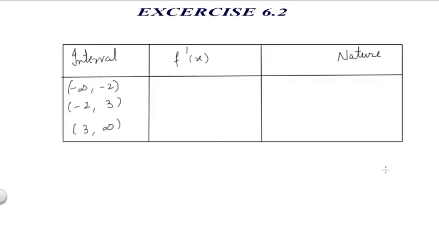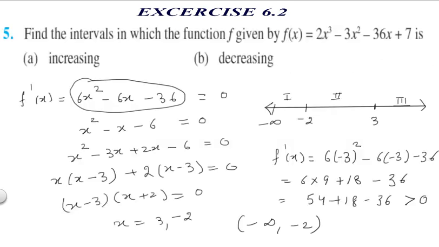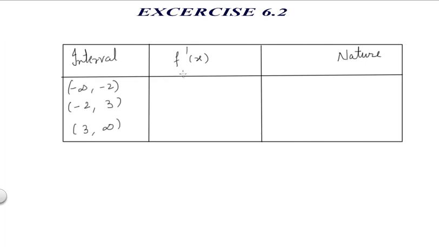So we will form a table like this. We'll write all the intervals that we have got. So we got from minus infinity to minus 2, as you can see in the first part, it was coming as greater than 0. So it is increasing. We'll write f dash x is greater than 0. Hence the nature of this will be an increasing function.